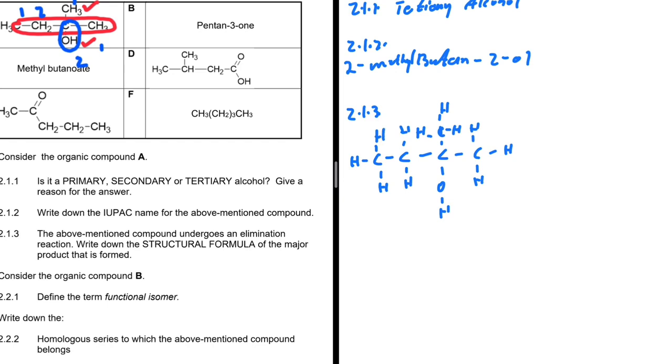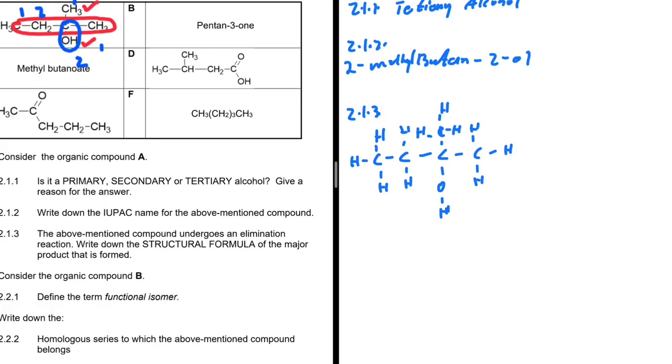Because this is an alcohol that you're dealing with, right? The elimination that an alcohol can go through is dehydration. The alcohol loses 1 hydrogen and an OH, making it H2O, hence dehydration. That is the only elimination reaction alcohols can undergo.